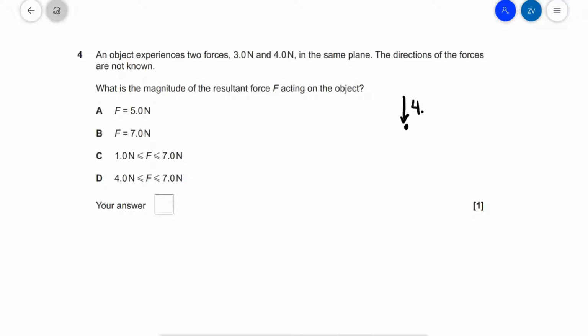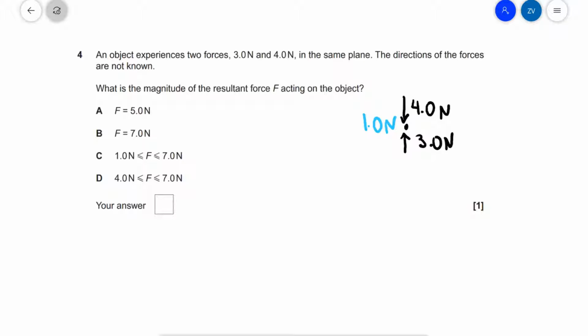For instance, if we had 4.0 newtons over here and we had 3.0 newtons acting in the opposite direction, the resultant would be just 1.0 newton.